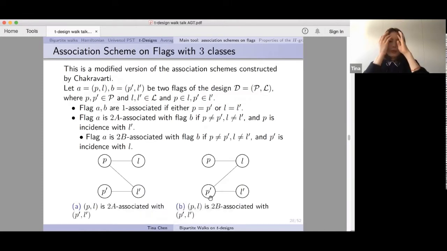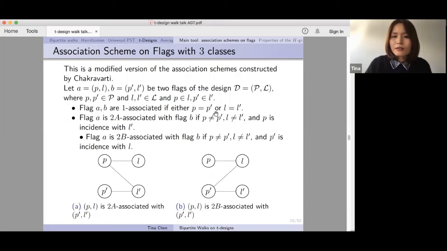Okay, so one of the machineries we're going to use to study our Hamiltonians over the design is the three-class association scheme on flags. The scheme we're going to use here is a modified version of the association scheme constructed by Chakravarti.